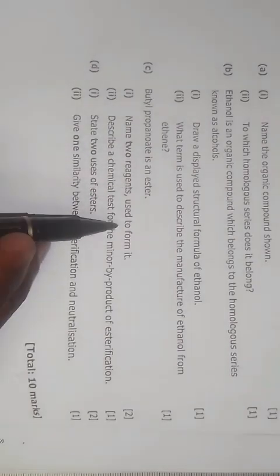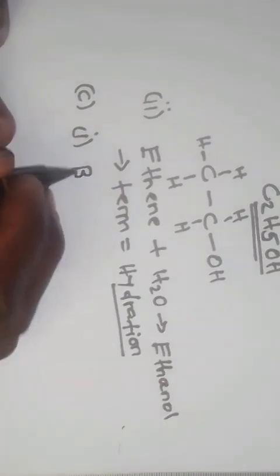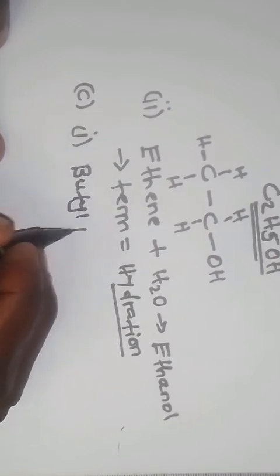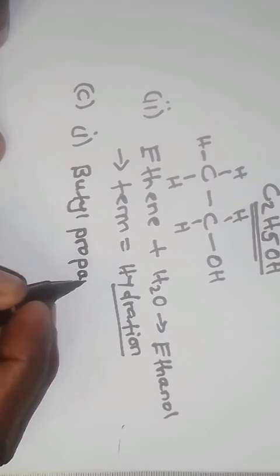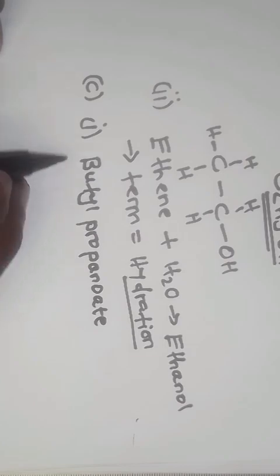Name the 2 reagents. What you have been given is butyl propanoate. When you look at this one, this is coming from an alcohol, and this is coming from an acid.